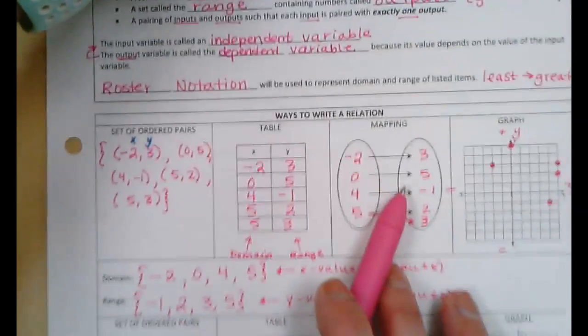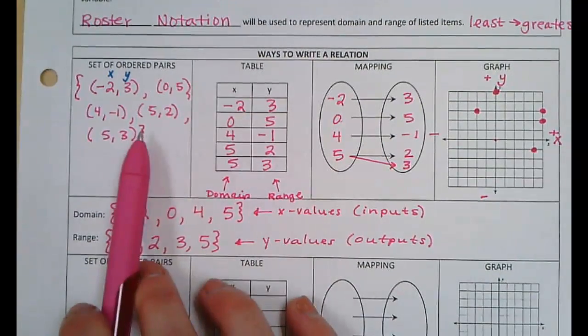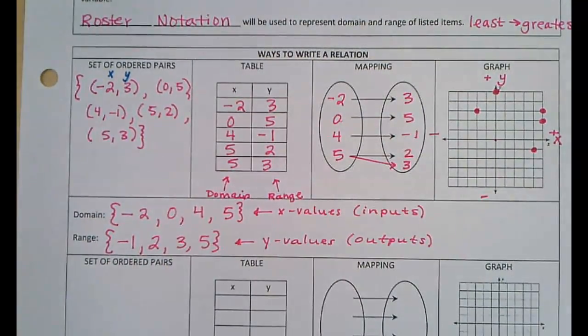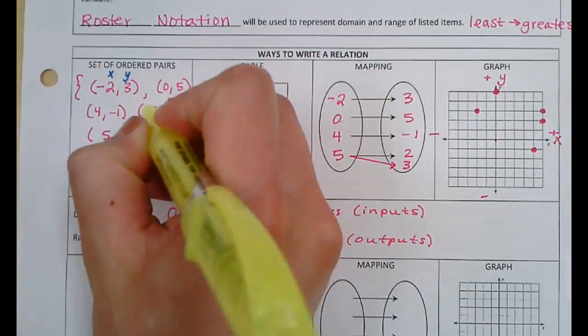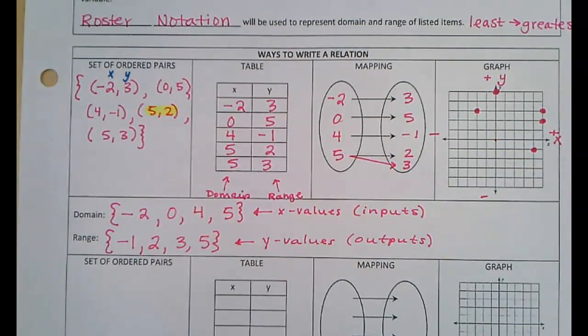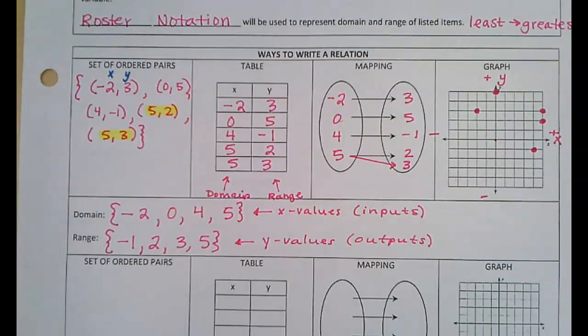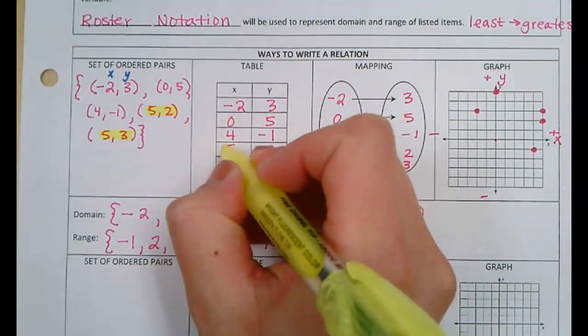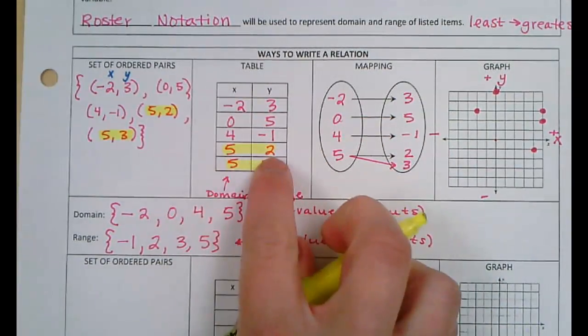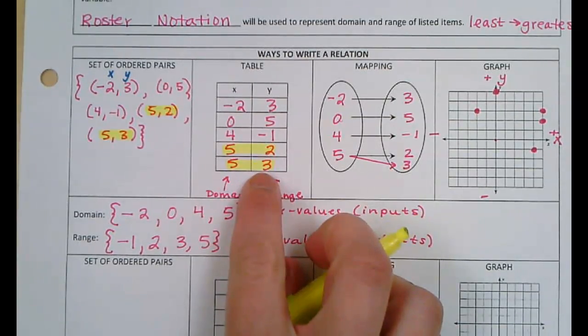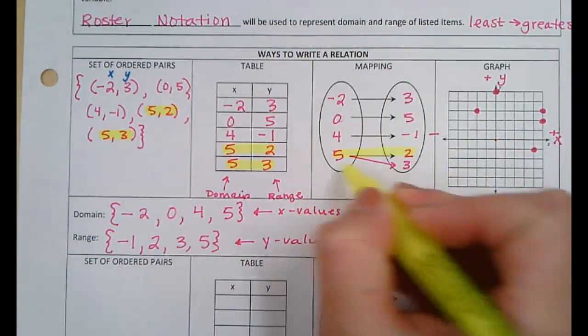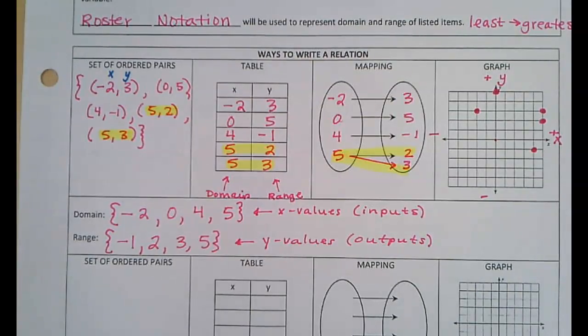Let's take a look at this. Looking at our ordered pairs table, mapping, and graph, we notice that the input 5 has an output of 2, and the input 5 has an output of 3. We can see here also in our table, 5 is mapped to 2 and 5 is mapped to 3, as well as our actual mapping.